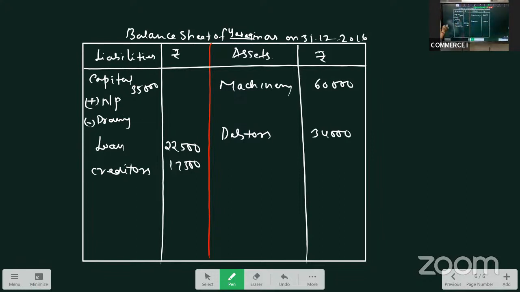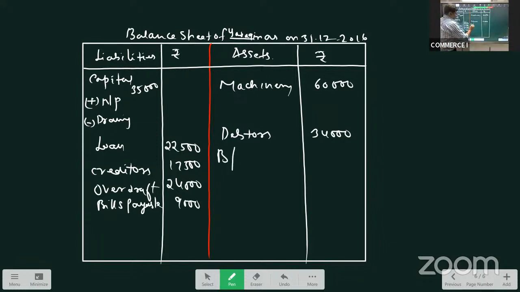We have overdrawn from the bank. It is a liability. 24,000. Then bills payable. Again, it is a liability. How much? 9,000.